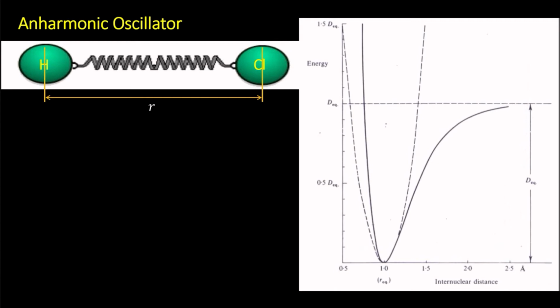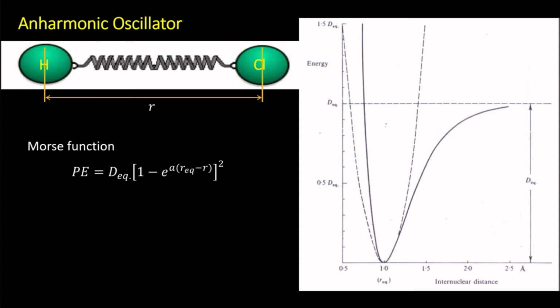P.M. Morse gave an empirical expression known as the Morse function, which fits this curve to a good approximation. In this Morse function, D equilibrium is the dissociation energy, and A is a constant for a particular molecule.